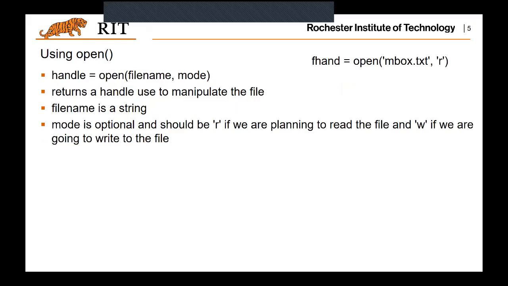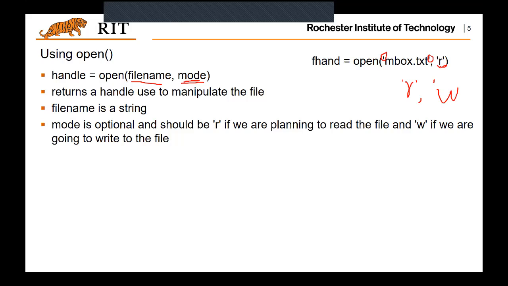So as you can see here, the two parameters for this open function are file name and mode. The file name is considered a string, so you see these single quotation marks here, right? Also the mode option. If we are talking about reading, put R here. There are other options for the open mode.